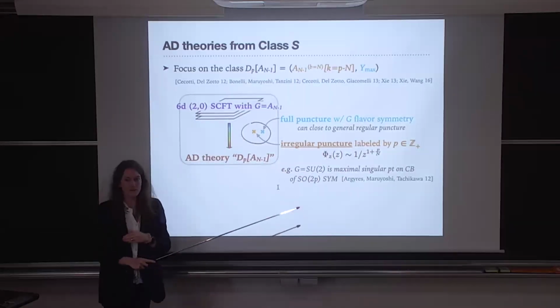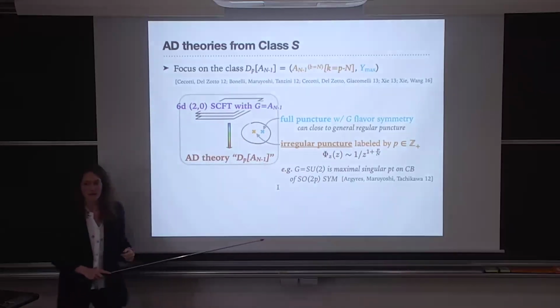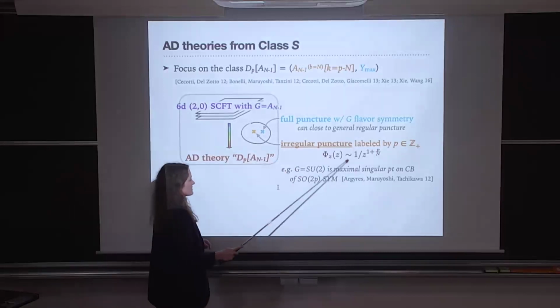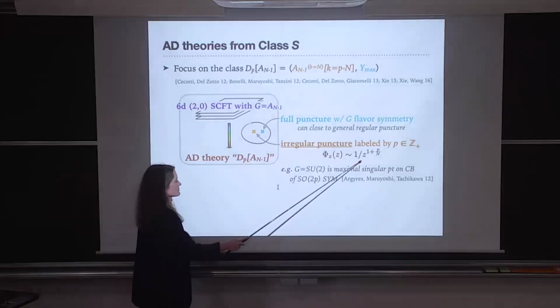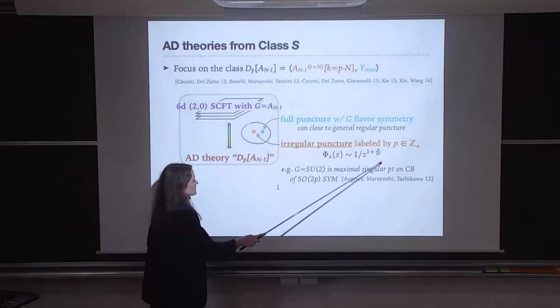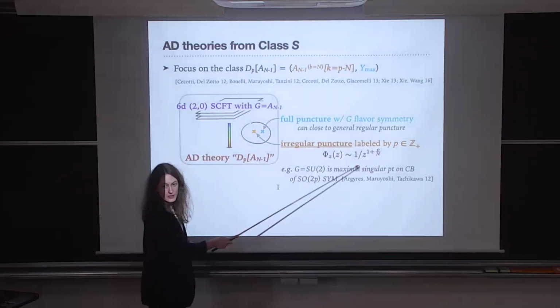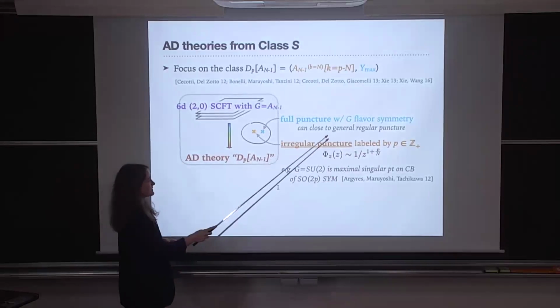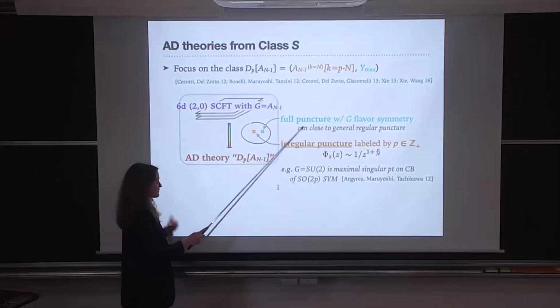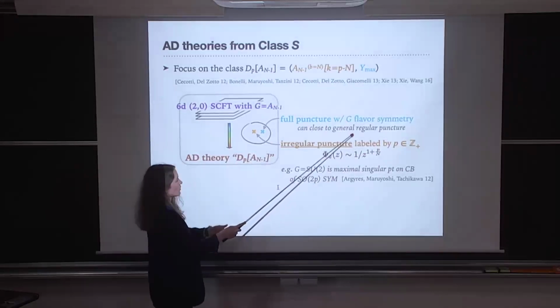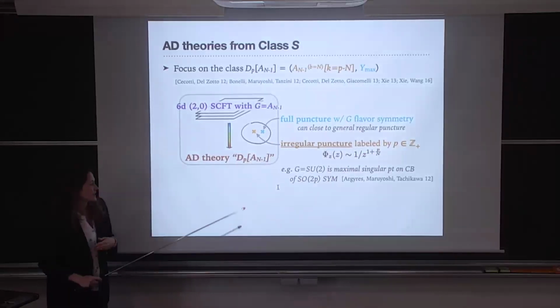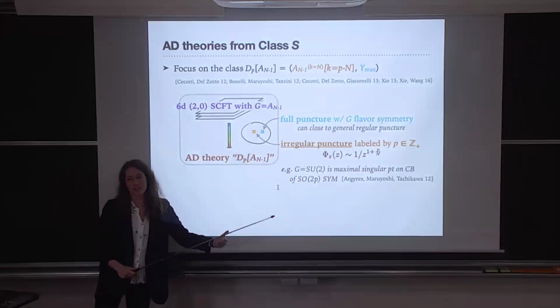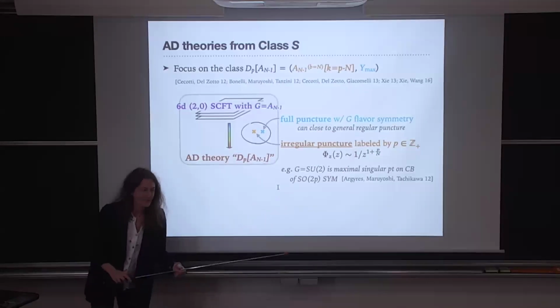So if you don't know what those words mean, that's okay. They're not important. The thing that's important is that I have an irregular puncture, which means it's described by a pole with a fractional part. And the fractional part depends on N, but it also depends on this integer p. And just a full puncture, whose role in life is to impart, in this case, SU(N) flavor symmetry to my low energy quantum field theory.